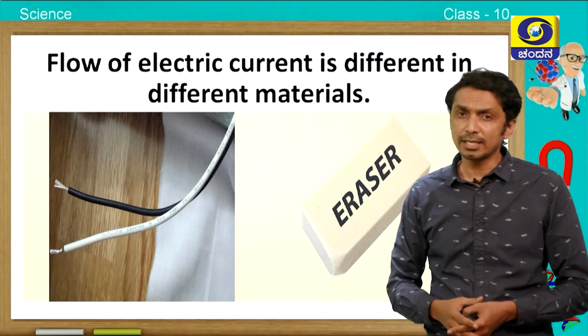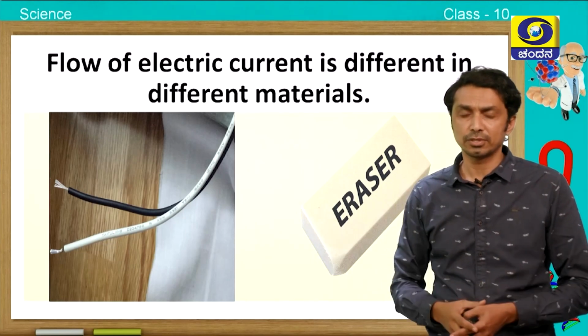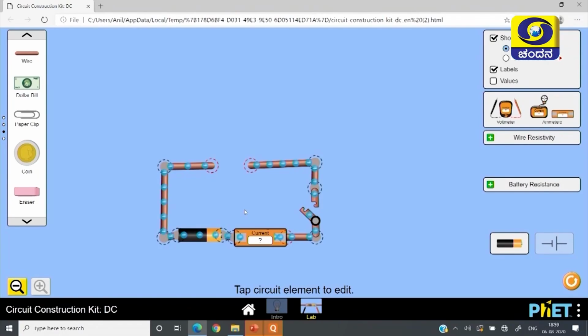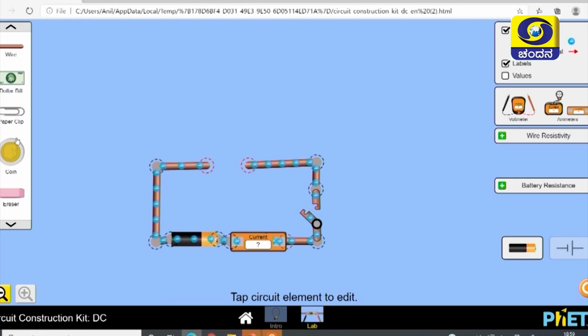Come, let's see how the charge flow happens through this activity. Children, here this is an experiment to verify whether the electric current flows in same quantities in different materials. As you can see, this circuit is open and on the left side you are seeing various types of materials. Now I am taking a coin and inserting it in the circuit, and now if I close the switch, what will happen, children?